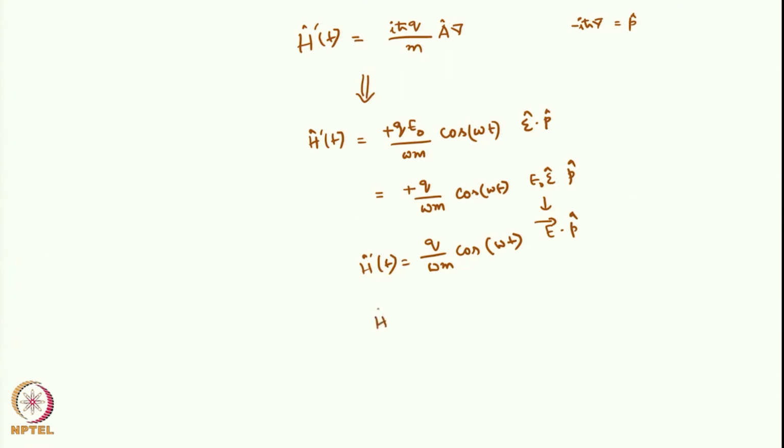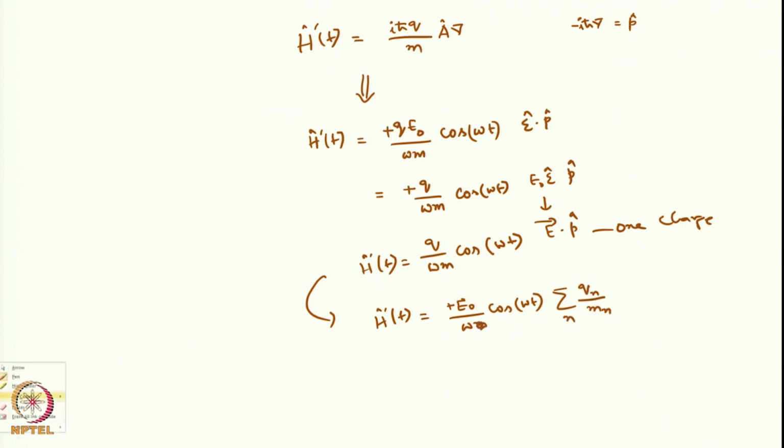So this H prime of t is for one charge, and for a collection of charges this will turn out to be E naught by omega m cos omega t, sum over n of q_n by m_n p_n, because p is going to be the momentum of the associated particle.